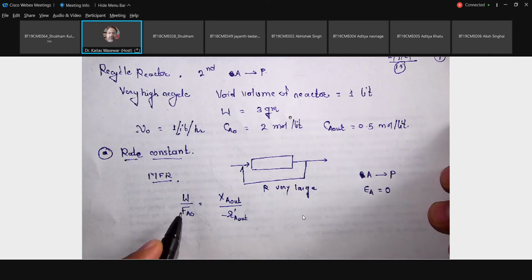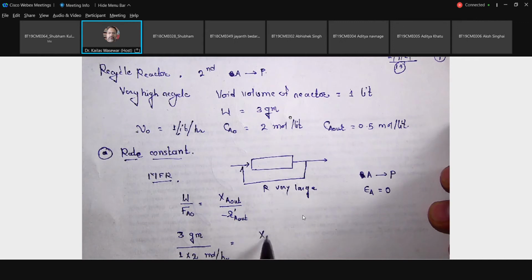Now the weight of the catalyst is given. The molar flow rate of the reactant will be V0 into Ca0, so it will be 1 into 2 mole per hour.